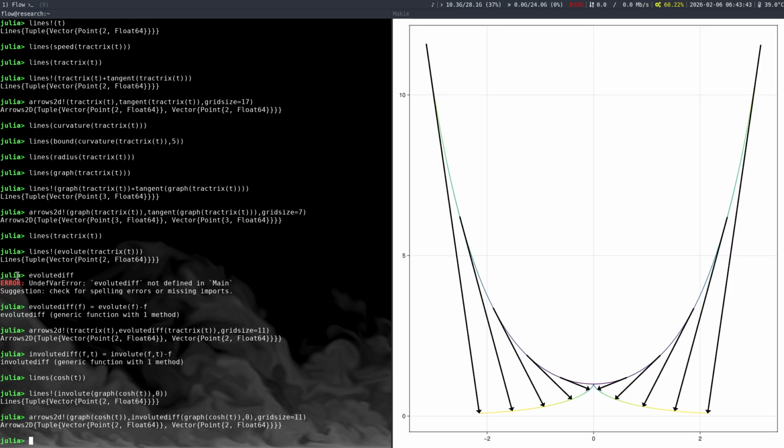And then those are the arrows. So we did both of those things.